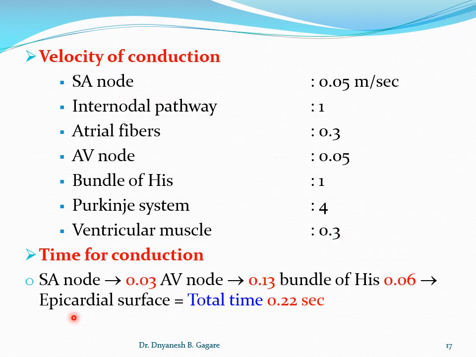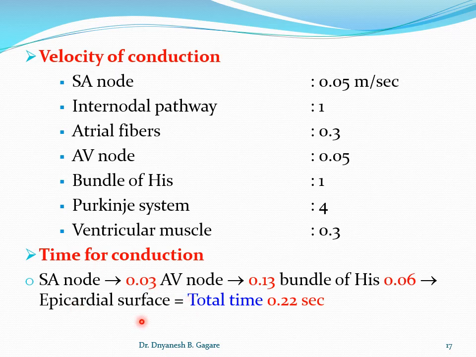Now students, here is the time required for conduction of the impulse in various parts of the special conductive system. This time is important because when you interpret the waves on ECG, the time is also mentioned, how much time is required from one point to another, and it helps to diagnose whether there is any problem in the conduction of the impulse.